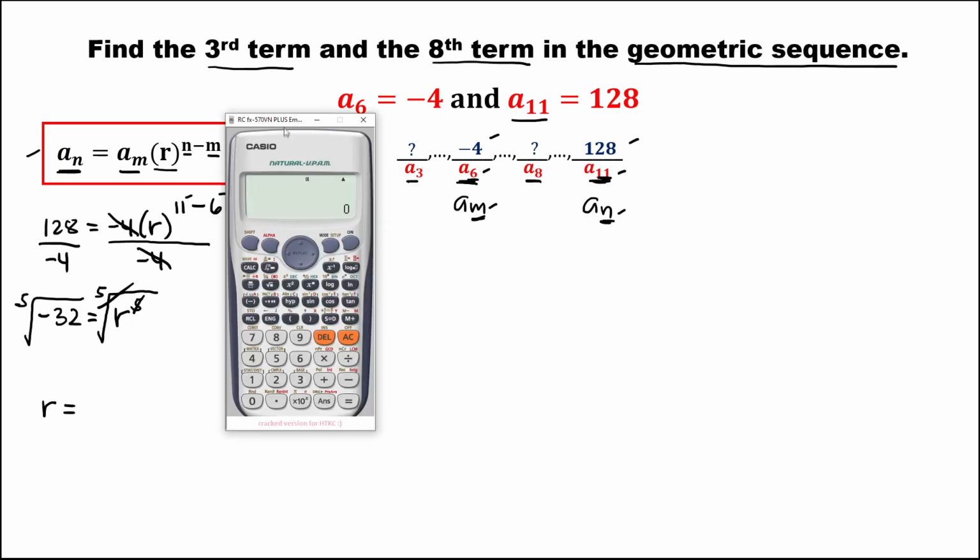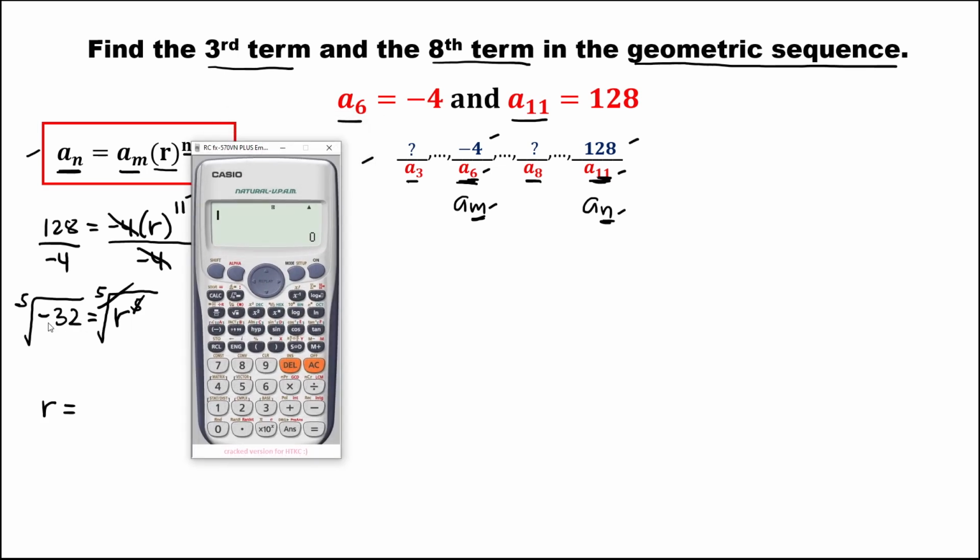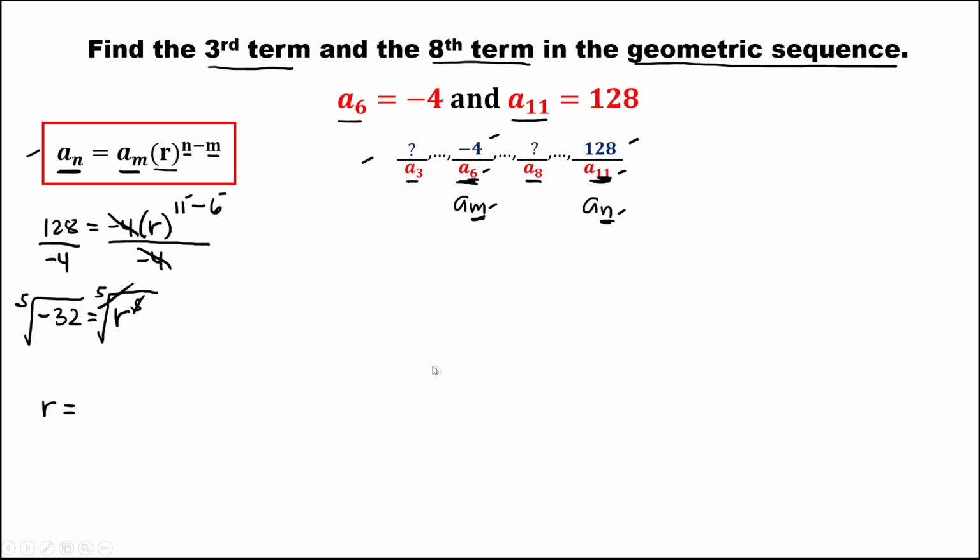We can use a calculator to find it. So we press 5, that's the root, then shift, that function, then negative 32, close parenthesis, equals. The fifth root of negative 32 is negative 2. So therefore the common ratio is negative 2.